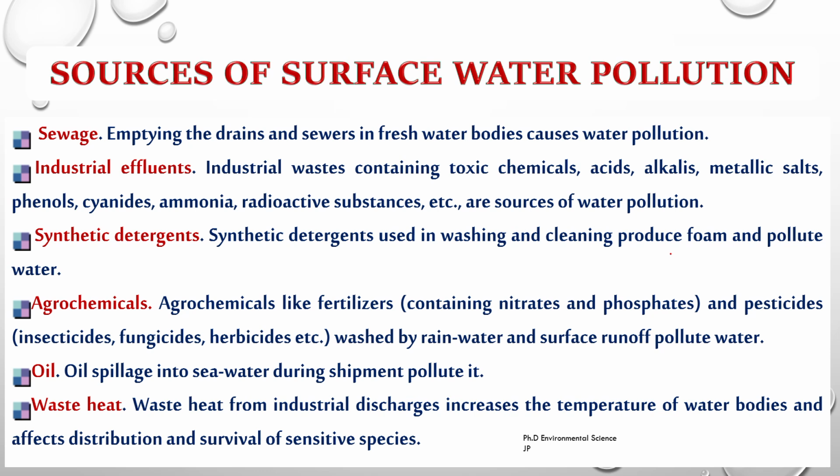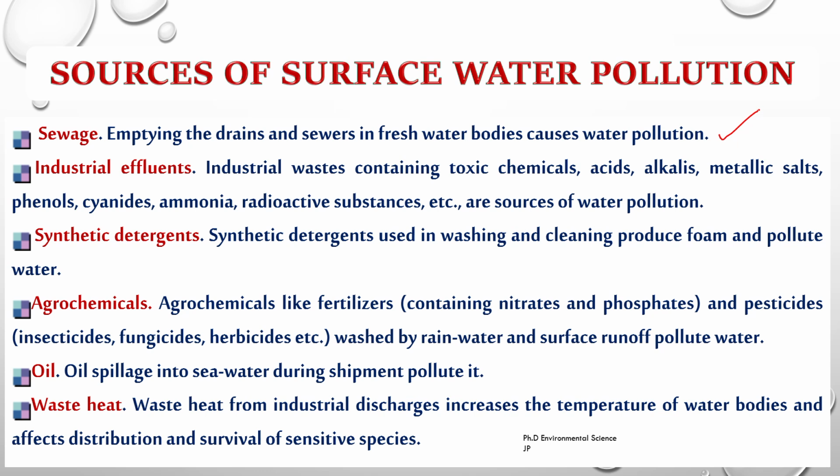Discharging untreated or partially treated sewage into freshwater bodies introduces organic matter and pathogens, leading to eutrophication and health hazards. For example, untreated sewage from urban areas which is discharged into rivers can contaminate water sources downstream, affecting aquatic life and human health.